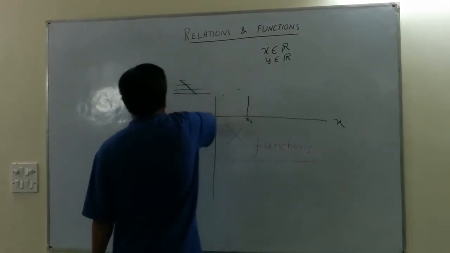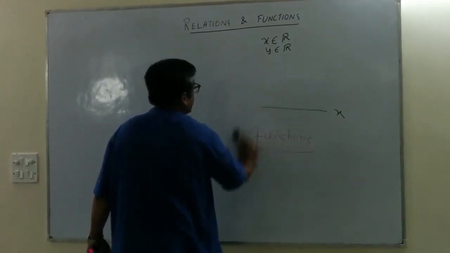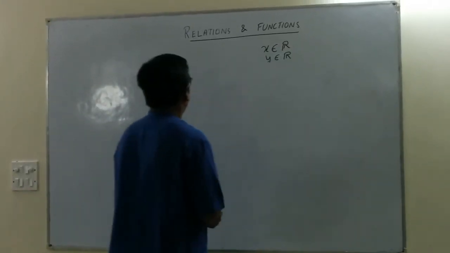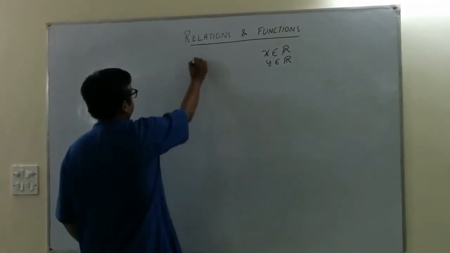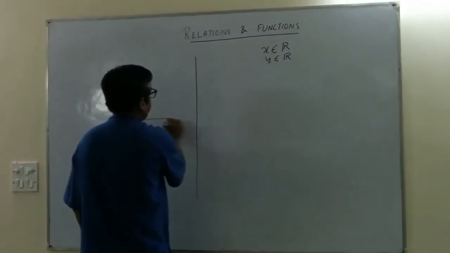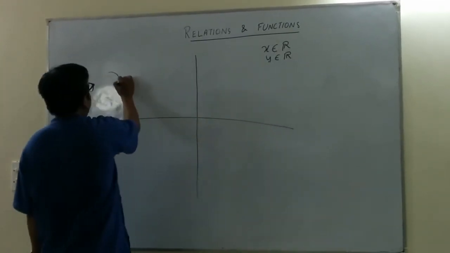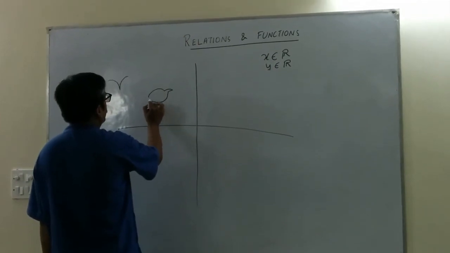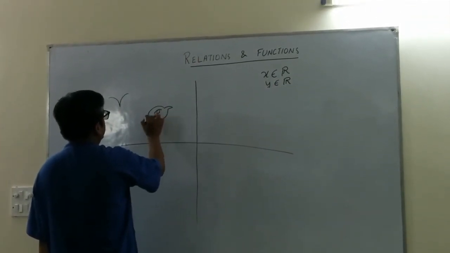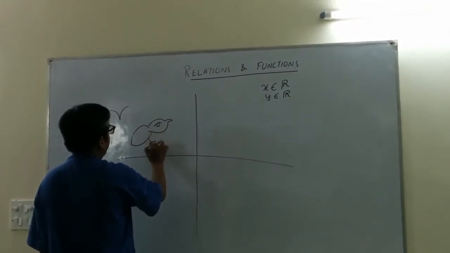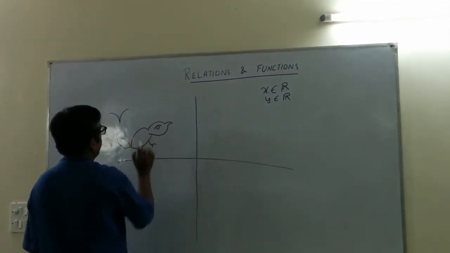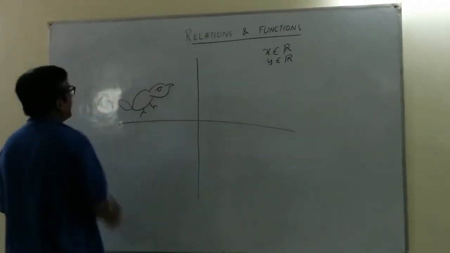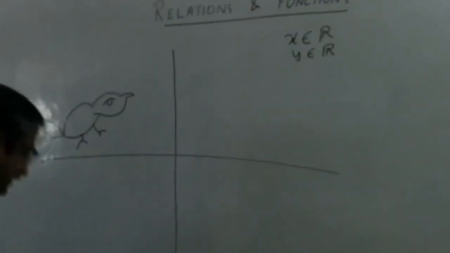Now, if you have understood what I have said, I will give you a few examples to try at home. We saw the flying bird. Now, instead of the flying bird, if I have the sitting bird, is this a function?